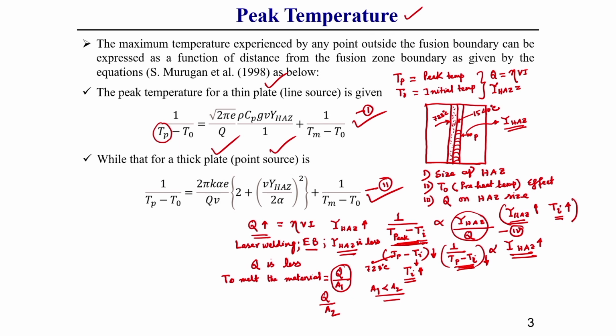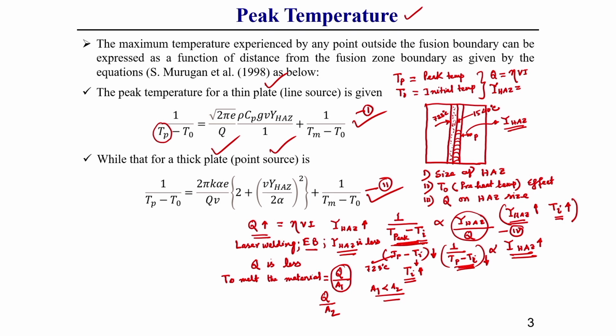What I want to say here is, if net heat input is increased, your heat affected zone size is increased. So, for a high intensity beam you should keep in mind that your heat affected zone size is less, because a high intensity energy source results in a lower total heat input, because the energy used in melting the metal is concentrated in a small region.